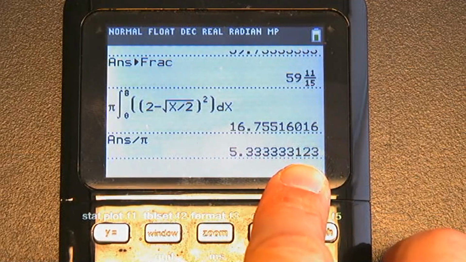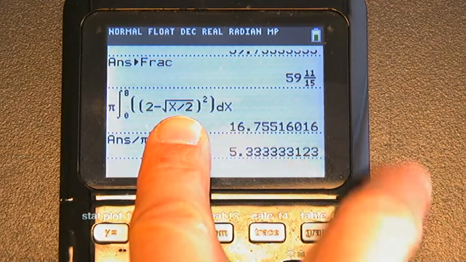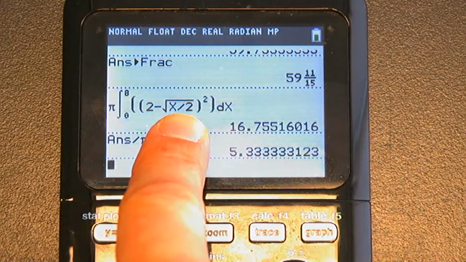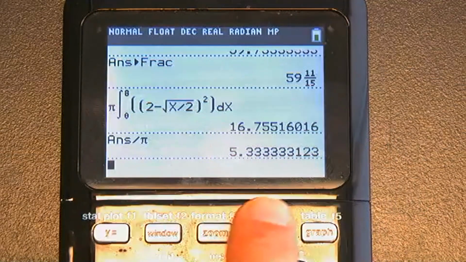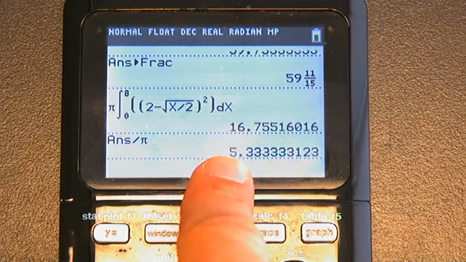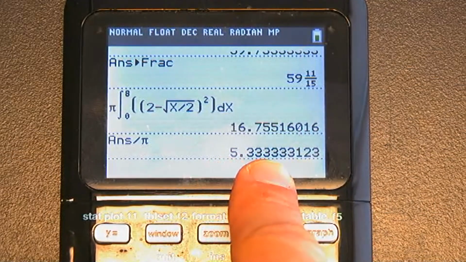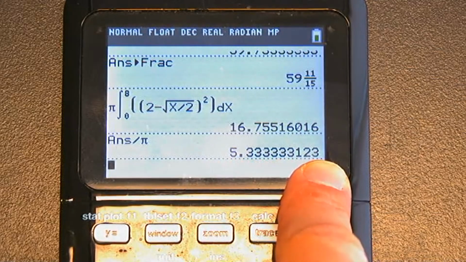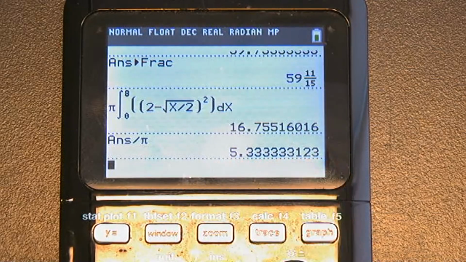This is an issue with our calculator because oftentimes the calculator, when we're trying to integrate around 0 with square roots, is going to end up approximating that. And we should have ended up with 5 1/3 here, but we had almost 5 1/3. So that's important if you're trying to find the exact answer.